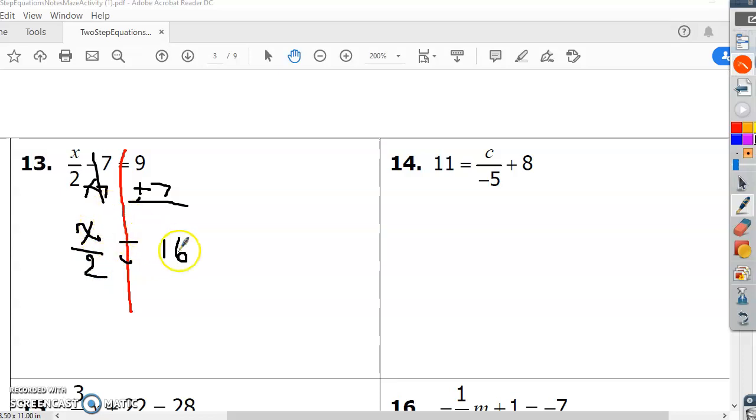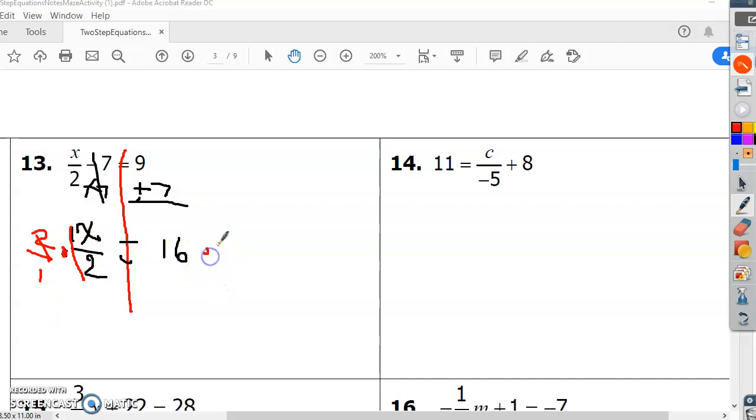Now, this is like what we did earlier. So remember, coefficient of x is 1. To get rid of a fraction, I'm going to multiply by the reciprocal. So multiply by 2 over 1. That is gone. And now I'm going to bring down what I have.